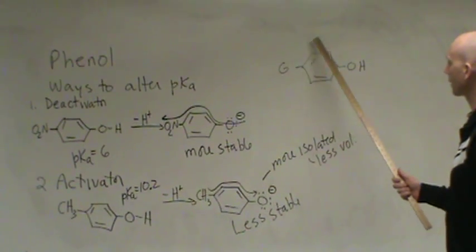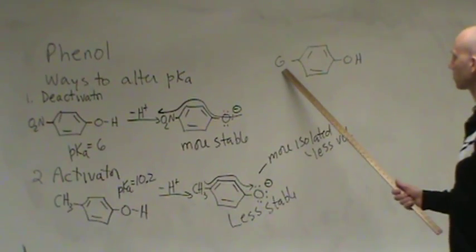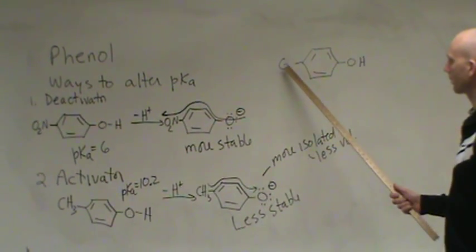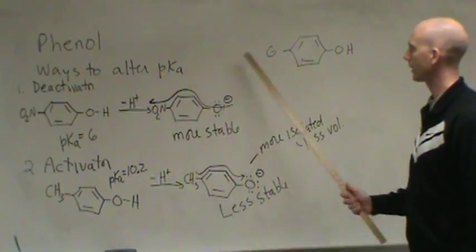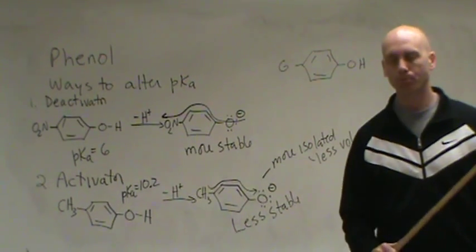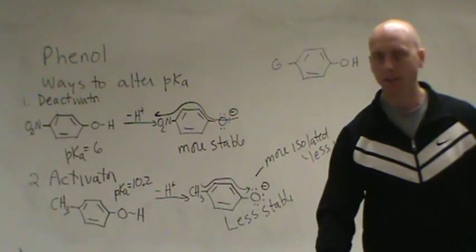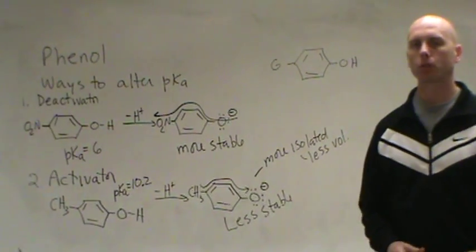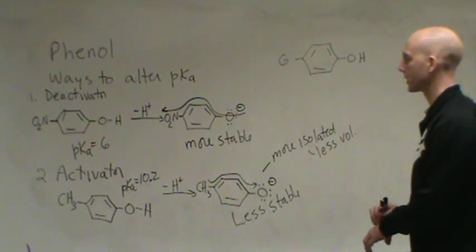Okay? If it increases it, then the thing was what? An activator. If it decreased the pKa, then that group was a deactivator. So it's a neat experiment to determine activators and deactivators.